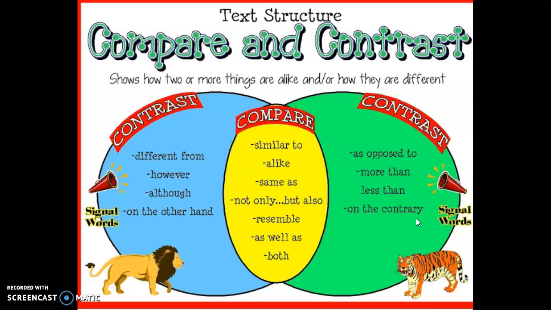These are just some, right? And so when we compare, we are identifying ways in which the two articles that we're going to be reading are alike. Okay? And some of the clue words are similar to, alike, same as, not only, resemble, as well as, or both.